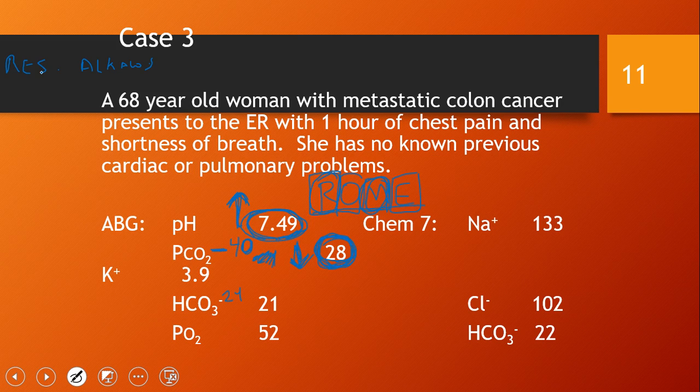Okay, whew, big mistake there. Okay, now what's the next thing we're going to do? We looked at his pH. We looked at his CO2, and now we need to see if this is acute or if it's chronic. Okay, is this acute respiratory alkalosis or is it chronic respiratory alkalosis?